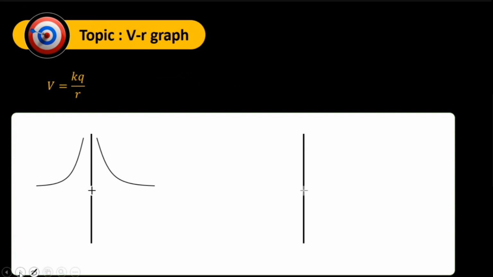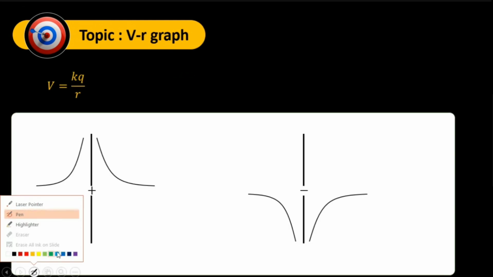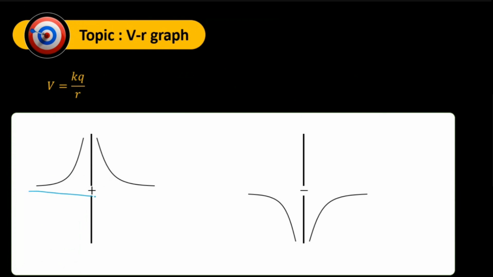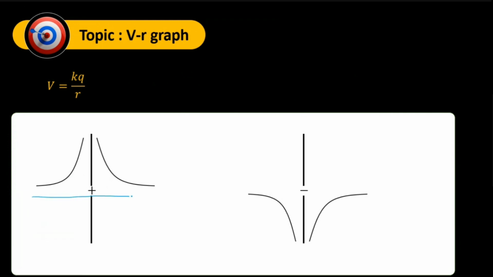Let us see how they show the variation. V is KQ by R. If we assume the relation, electric field and potential are going to be positive. Potential varying with respect to displacement is something like this. For a positive charge, the potential varies with distance like this: this is R, this is potential.